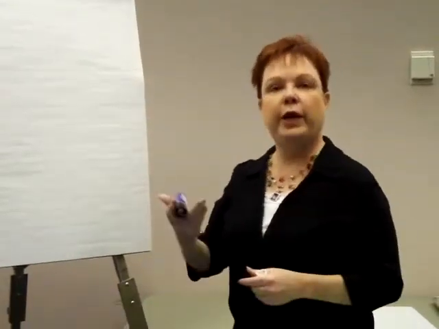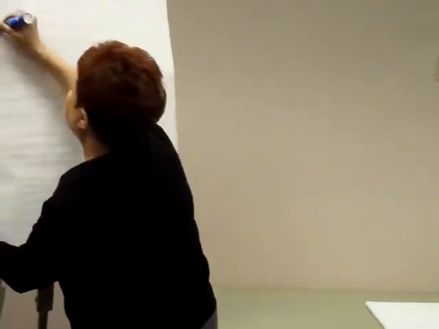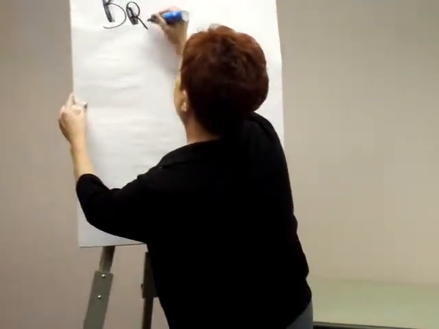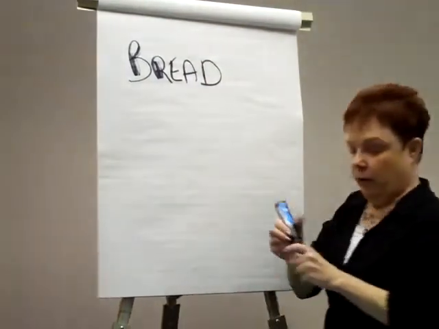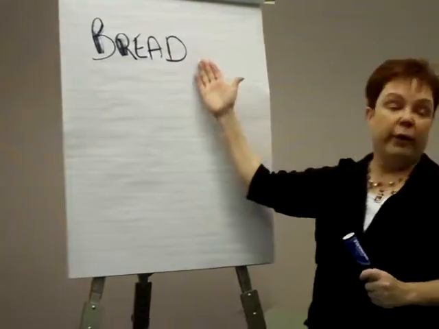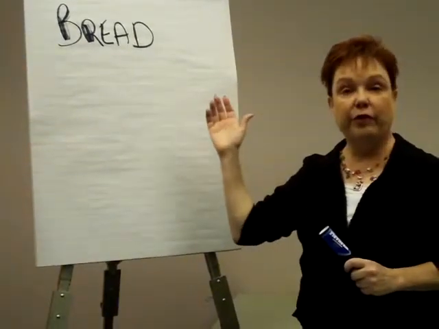Next, you need to think about what ingredients you need for a peanut butter and jelly sandwich. So let's start with the obvious. Probably most of you are thinking, well, you need bread. So we're going to make a list of what we need. Now, using the word bread gives you many options when you're composing the rest of your demonstration.